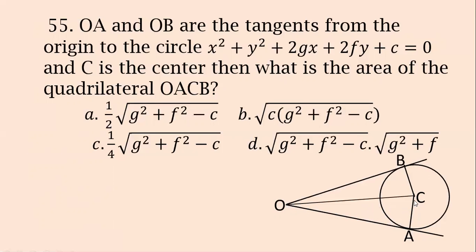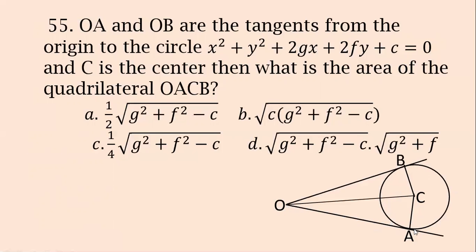Here AC is the radius. So the radius of this circle is square root of g square plus f square minus c. So AC is found. Now OA. OA is the length of the tangent from a point outside the circle. O is outside this circle.